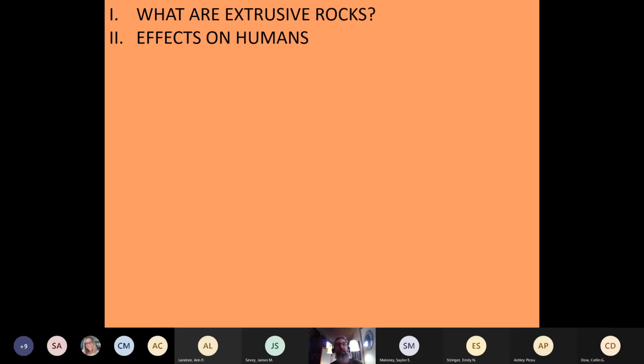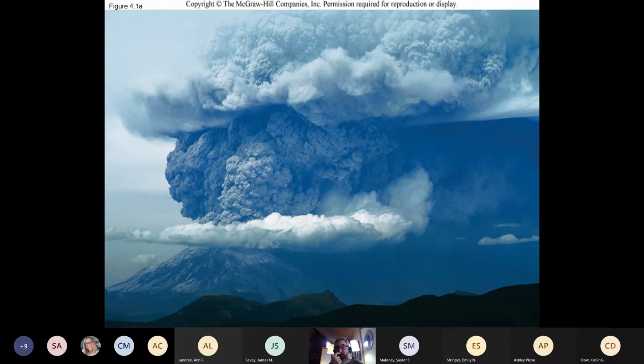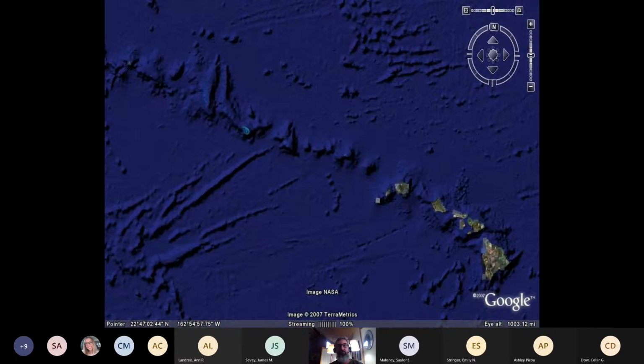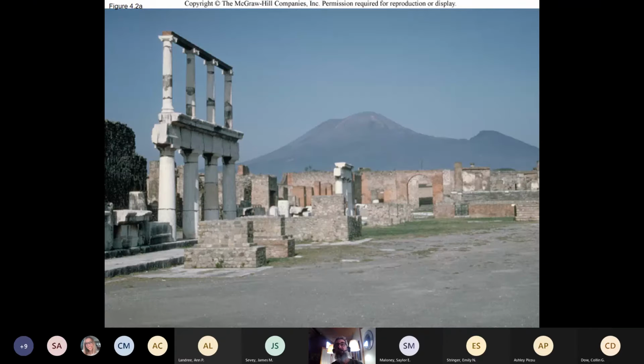If you have a really large eruption of this style, this can refract sunlight, which can lead to temporary cooling and also spectacular sunsets. So the main effect on us, though, when we think of volcanism, is the destructive nature of volcanoes.